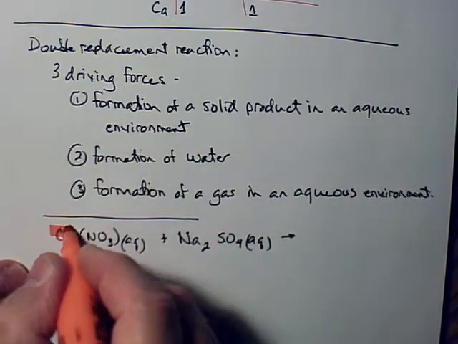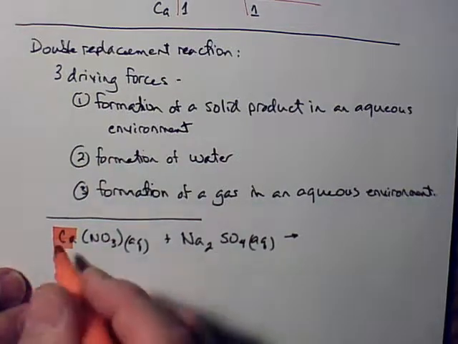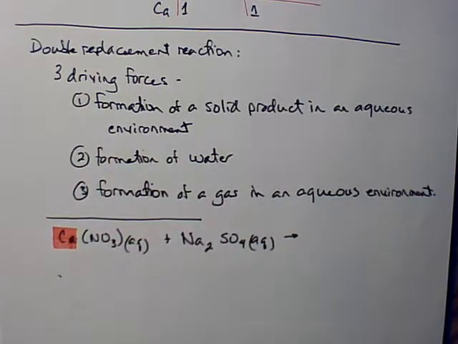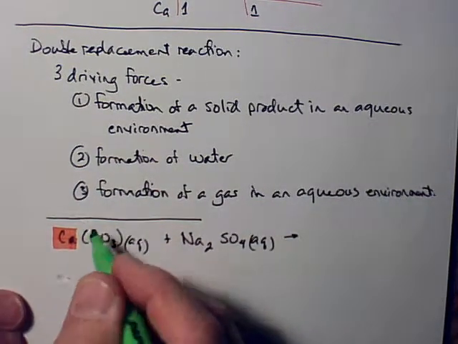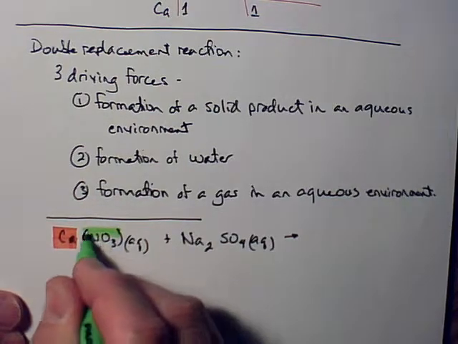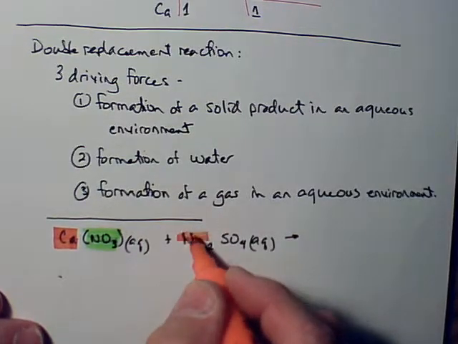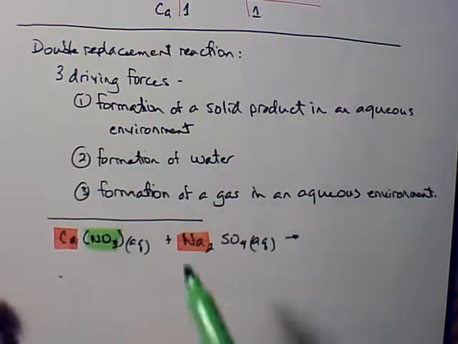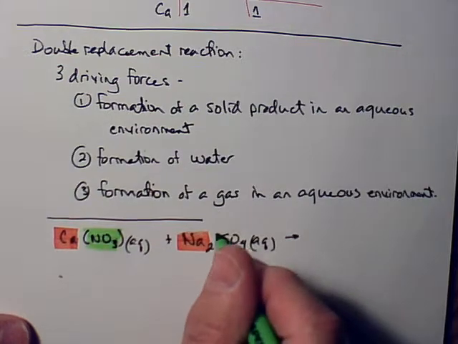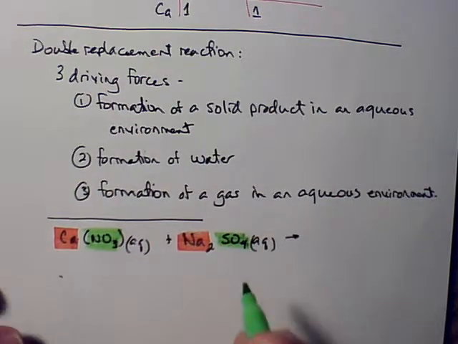Okay, we've got calcium is one part of this compound, and nitrate is the other part of this compound. Okay, here we've got sodium is one part, and sulfate is the other part.